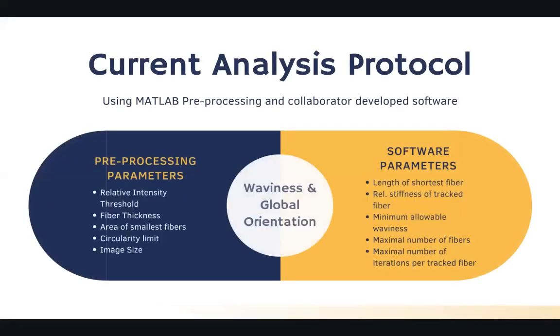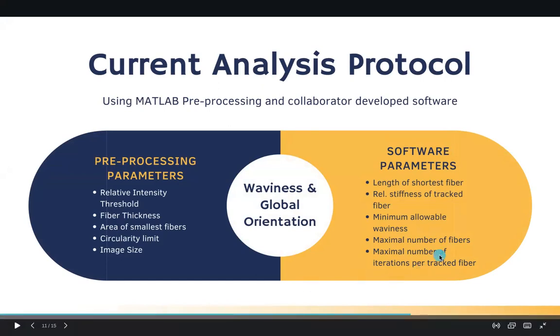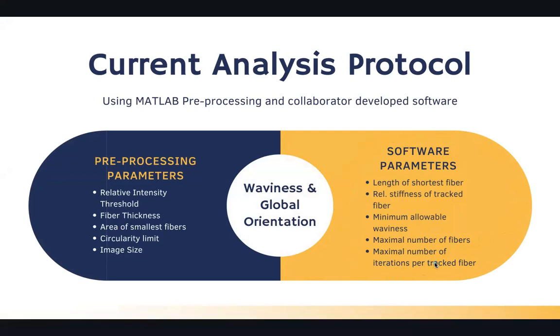Getting into what exactly that quantifiable difference is, currently the algorithm is a 2-step process. Right now it does the pre-processing using some MATLAB commands, and then goes through the software which actually does the calculations of that waviness and that global orientation.